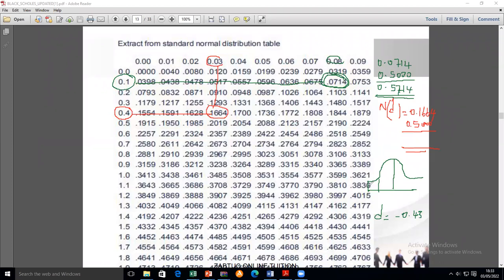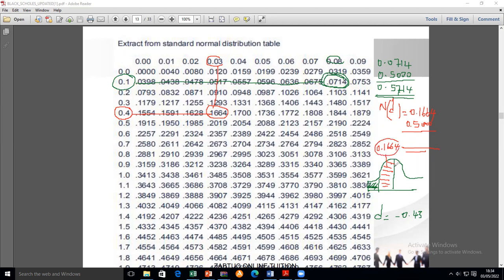You are looking for this distance here. The whole of this is 0.5. These readings here, they read this portion. So if this is a minus, 0.164 is this one.